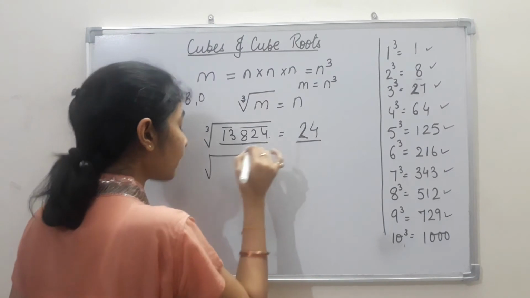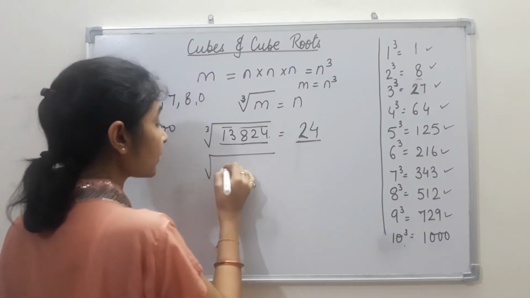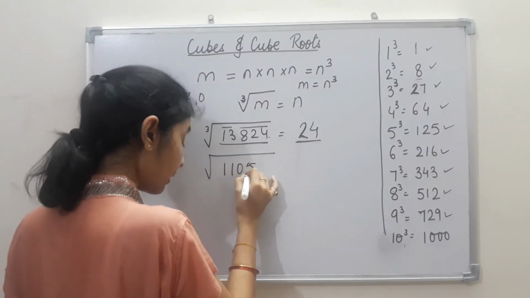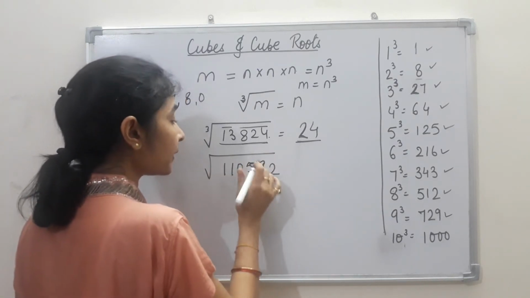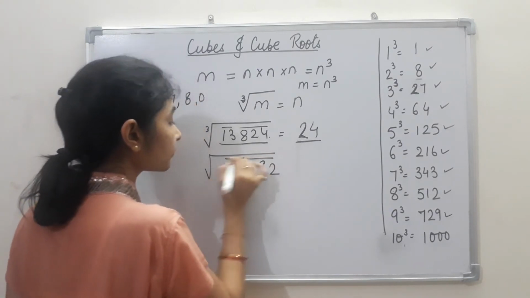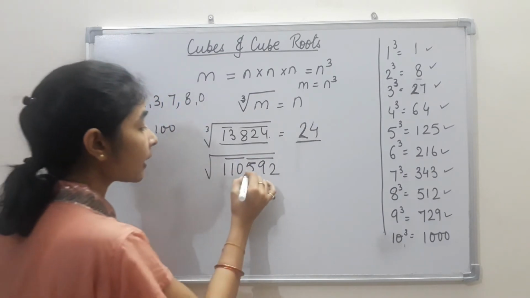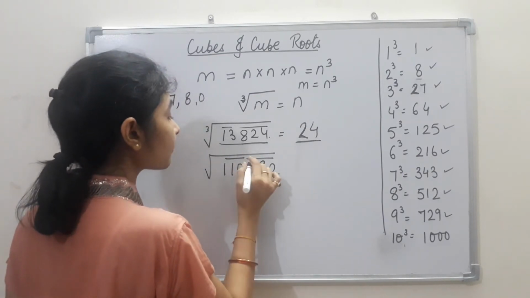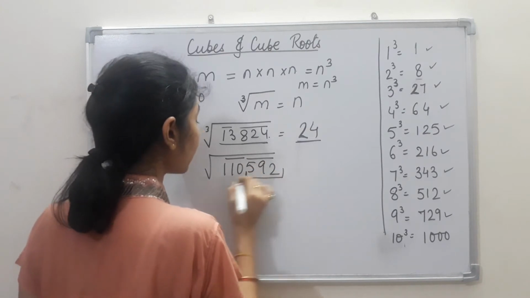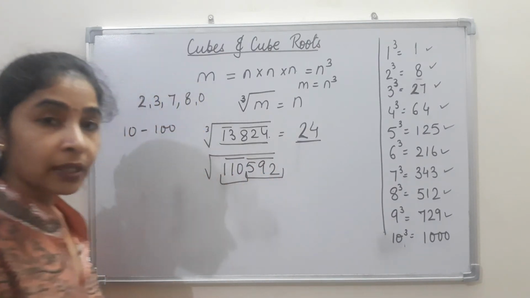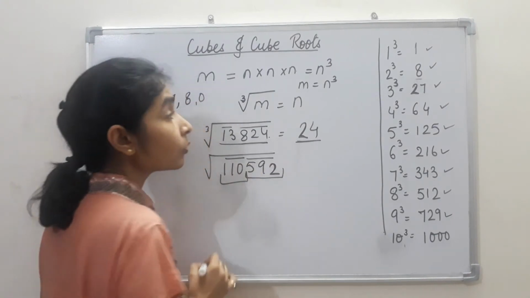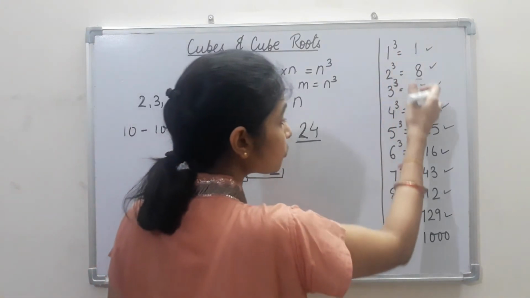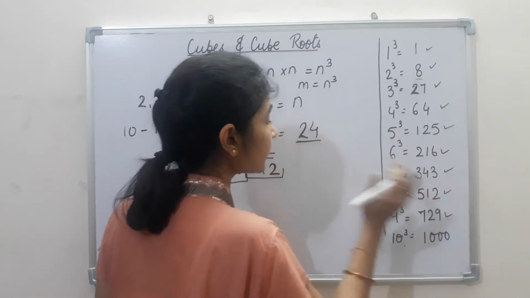Like this, without actual calculation, we can find out the cube root of a number. Similarly, let us take another number, 110592. Again grouping it in groups of 3: these 3 are in one group, this is 110, and these 3 are in the other group. Now just see the last digit, that is 2. 2 comes in the units place of the cube of 8.